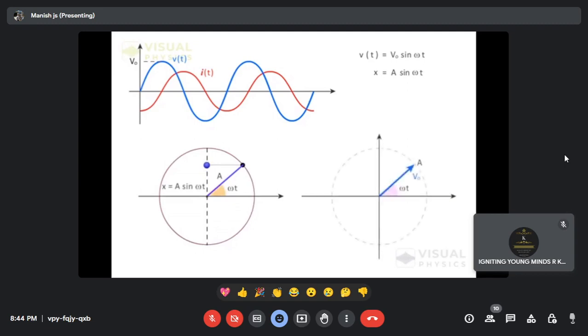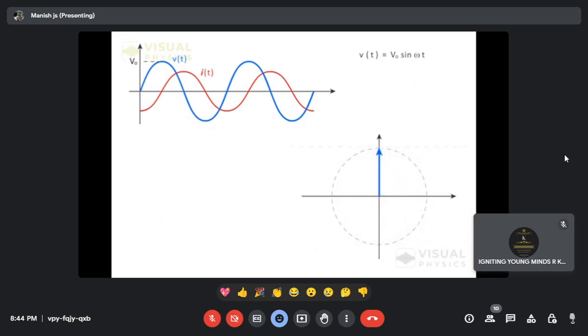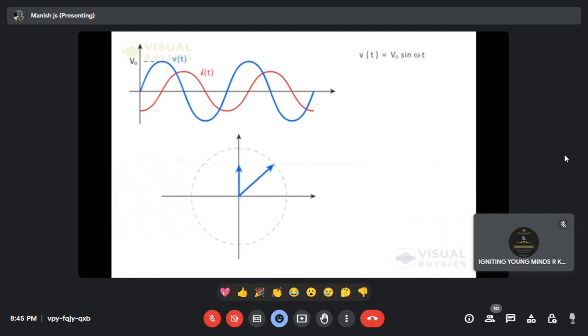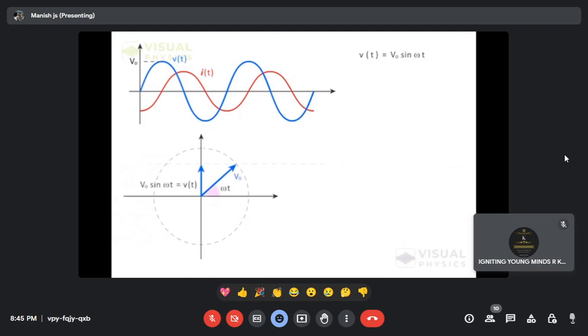Similarly, we can represent alternating voltages as a projection of a vector rotating anti-clockwise about the origin. This is called a phasor diagram.